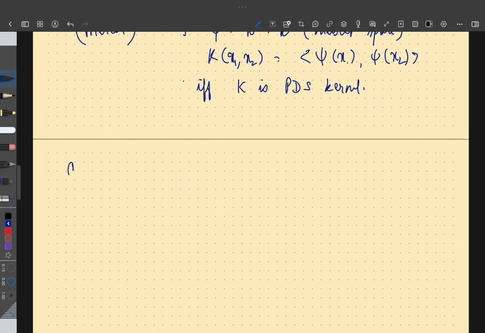Okay, so let's start with some examples of PDS kernels. The first example is a polynomial kernel.